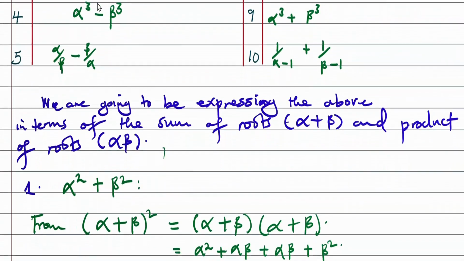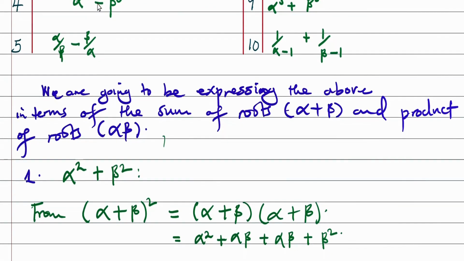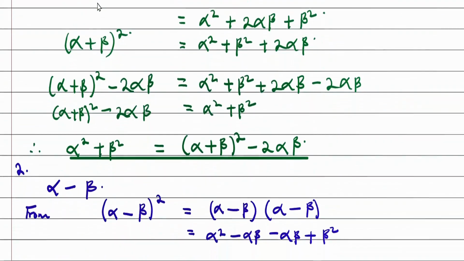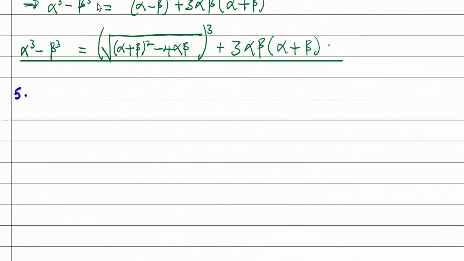So number 5, we are having alpha divided by beta minus beta divided by alpha. Here you can just get the LCM. The LCM is alpha beta. Then alpha beta divided by beta, we get alpha, multiplied by alpha, we get alpha squared.